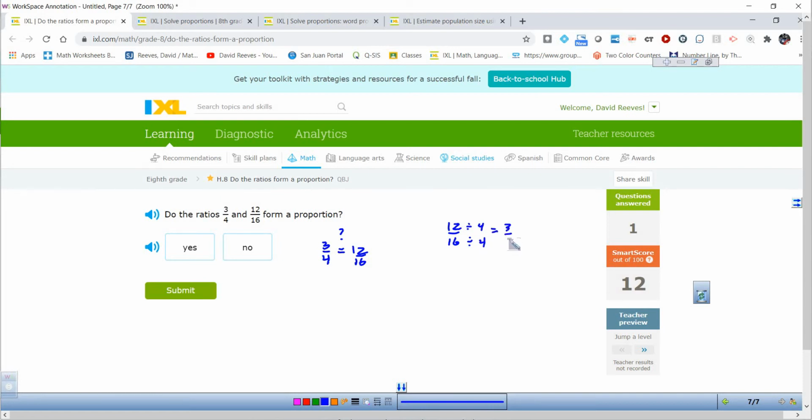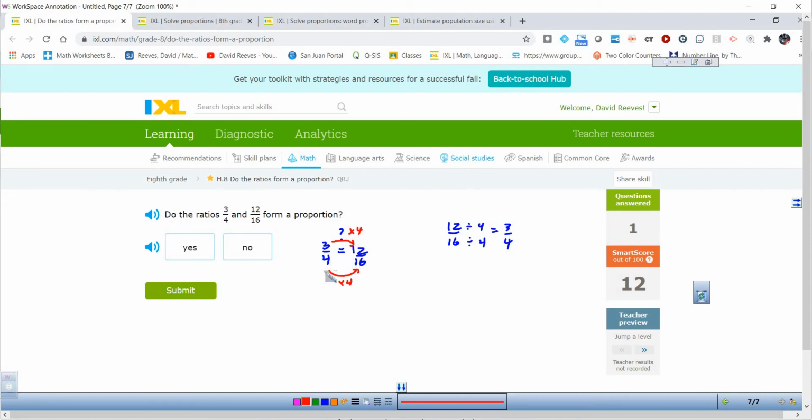I get 3/4, and 3/4 is definitely equivalent to 3/4. They are equal. So this one is yes, right? If we took a look here, we could say to get from there to there, I can multiply by 4, right? And from there to there, I can multiply by 4. And since both the numerator and the denominator are multiplied by 4, they are equivalent ratios, right?